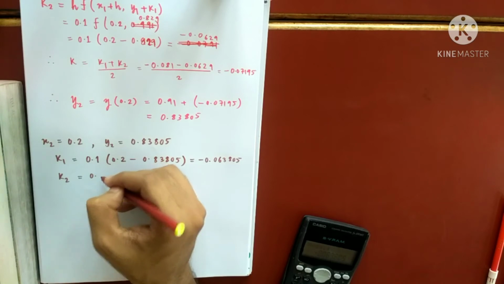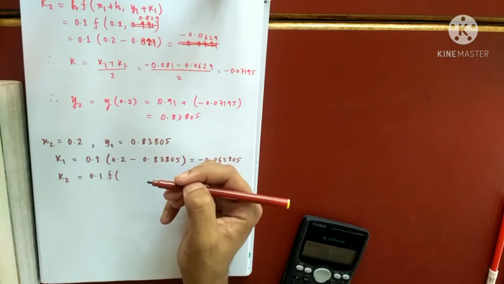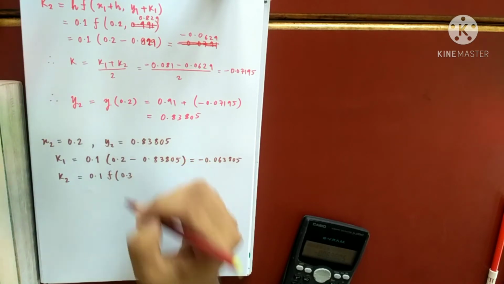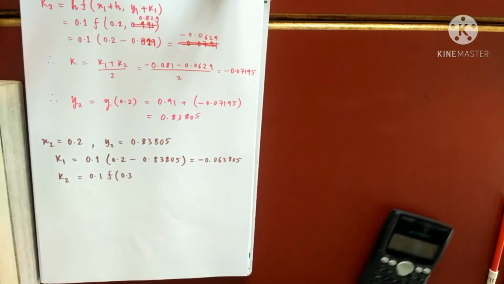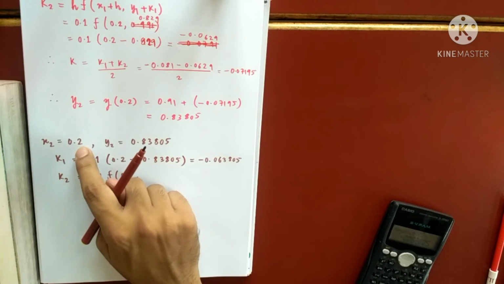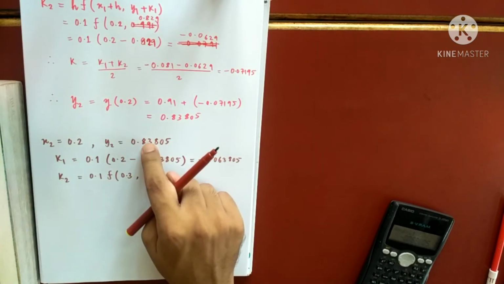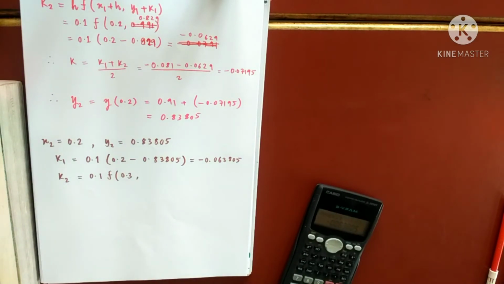We'll now determine K2. K2 is again h times f of x2 plus h, that will become 0.3, and comma y2 plus k1. 0.2 plus 0.1 is 0.3 and y2 plus k1. So this plus this, that means 0.8305.